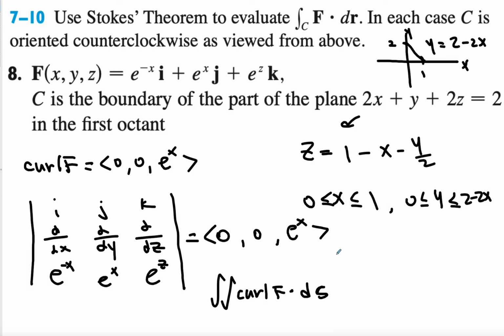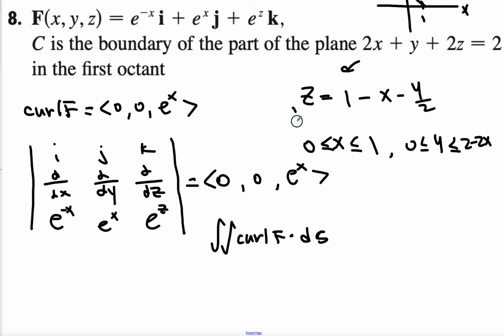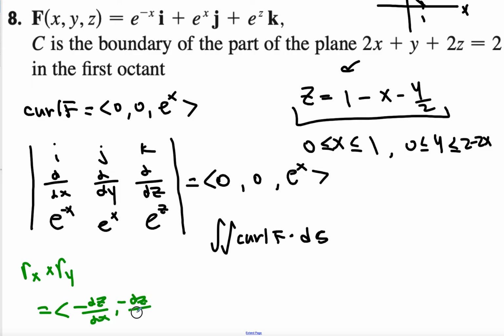But one thing that we get to realize is, since this is my surface z, we should remember this one was in fact equal to negative dz/dx, negative dz/dy, and then 1.